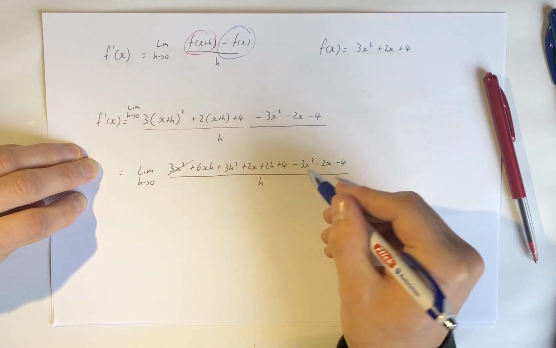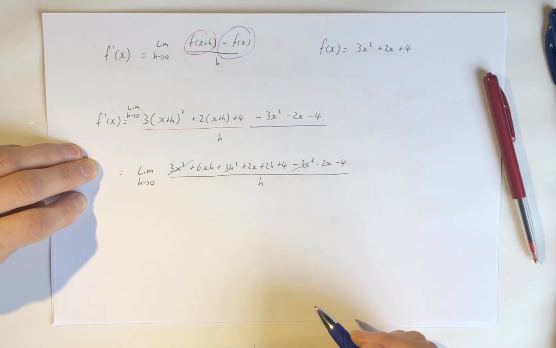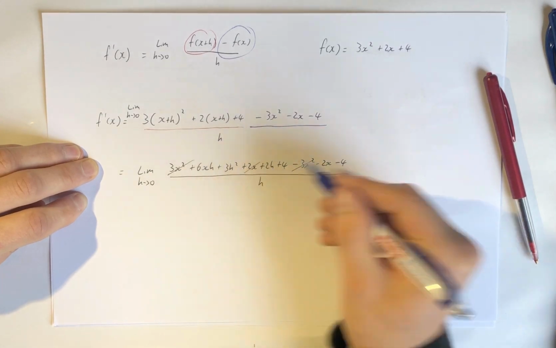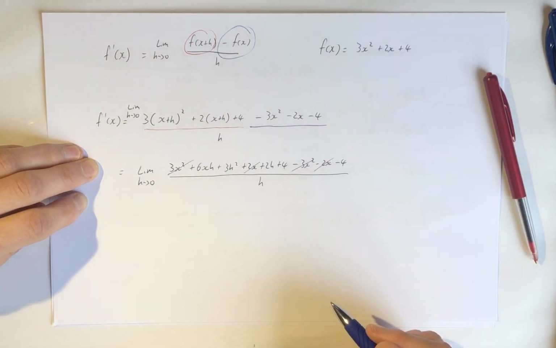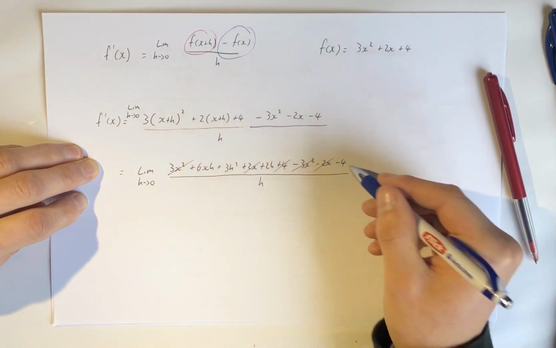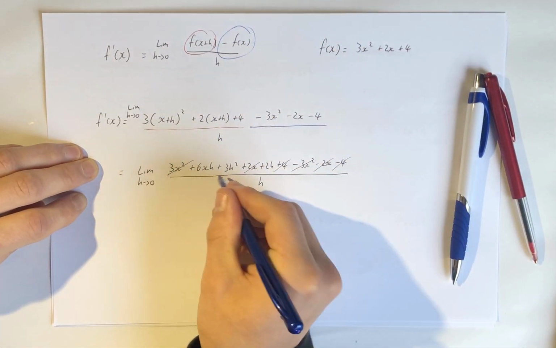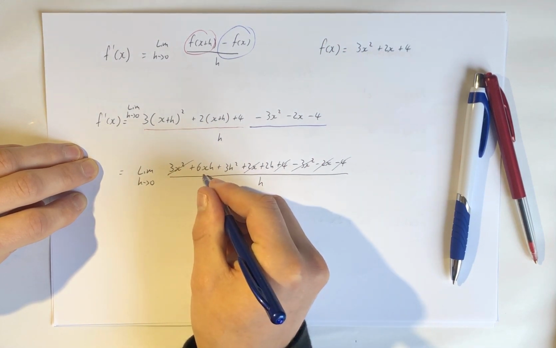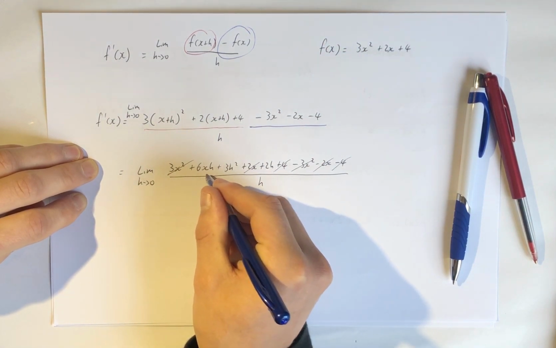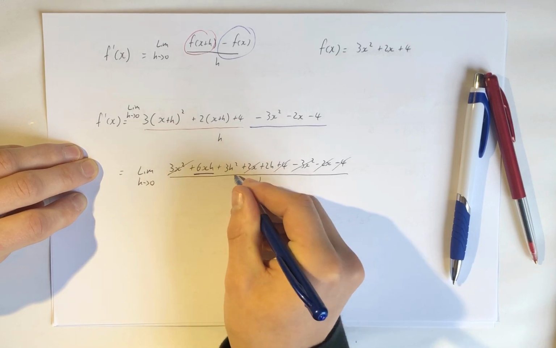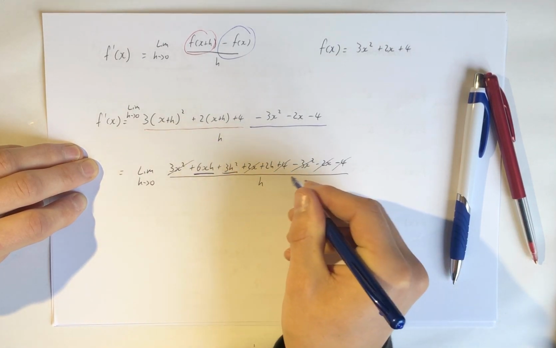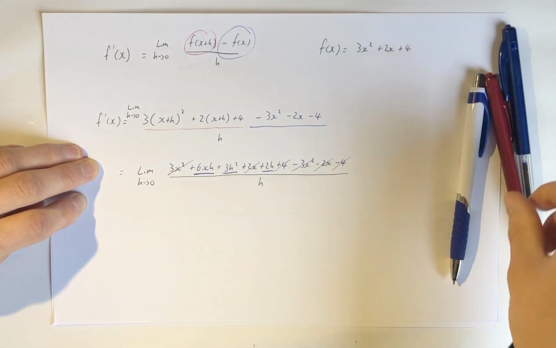We have 3x squared take away 3x squared is 0. We have 2x take away 2x is 0. We have 4 take away 4 is 0. And so what are we left with? We are left with 6xh plus 3h squared plus 2h. That's all we're left with.